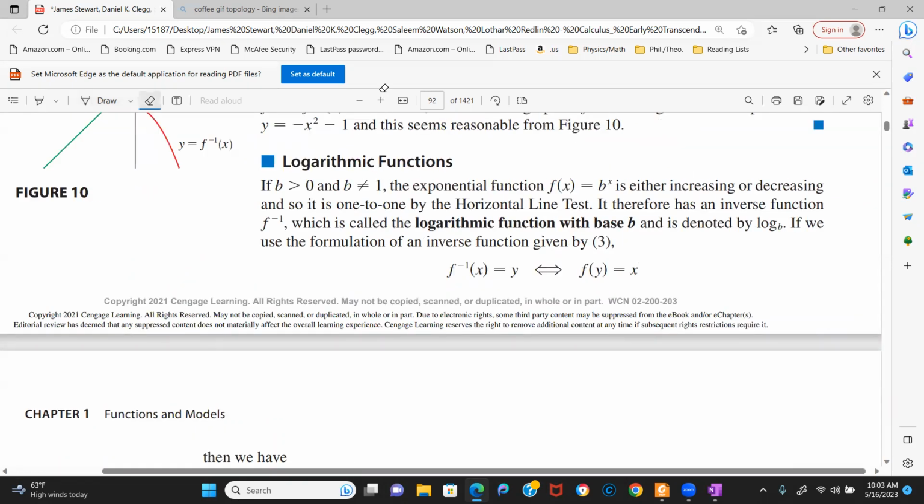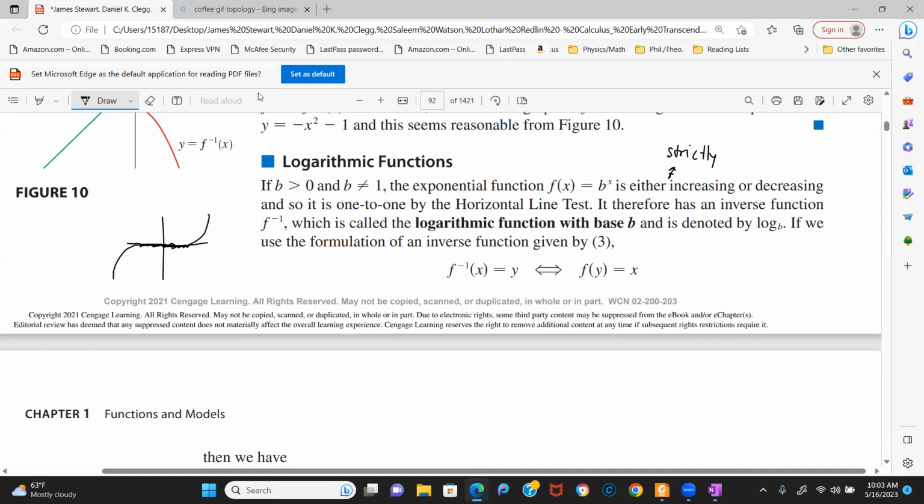I guess their proof is that, okay, they say that this is either increasing or decreasing. So they probably mean strictly. So right here you should probably add strictly, because you can consider something that looks like this, which could be increasing, but there's points where it's constant right here and it would therefore not be injective.